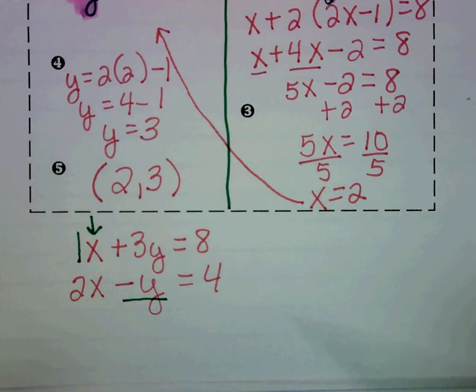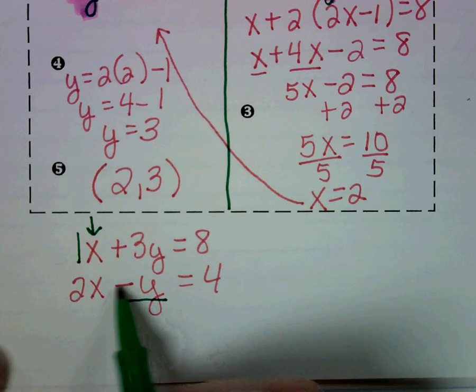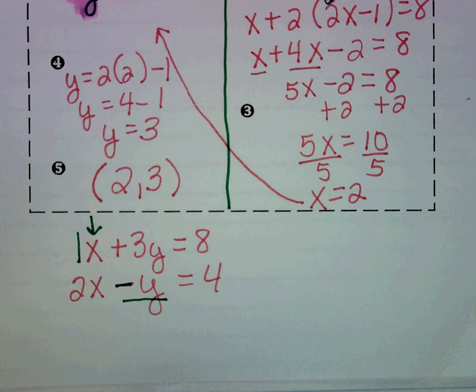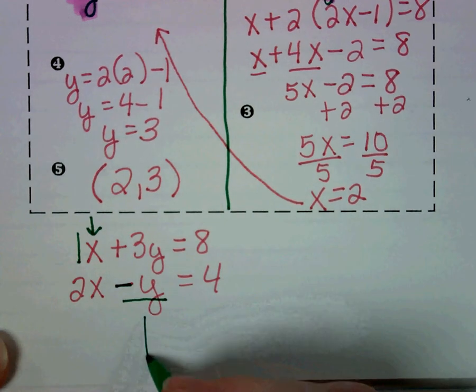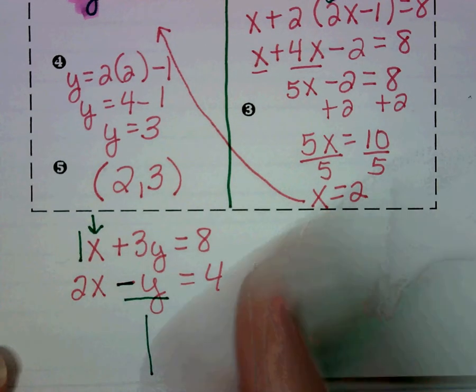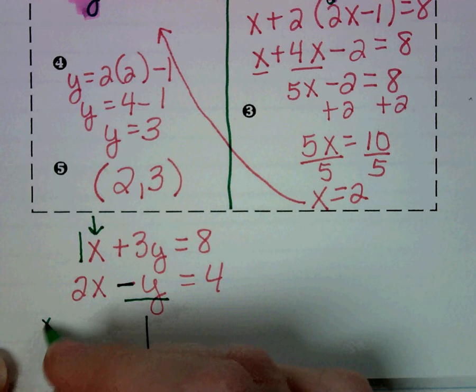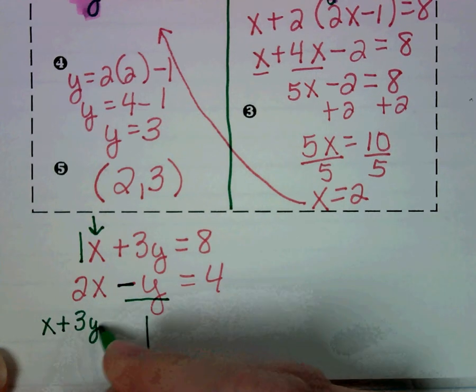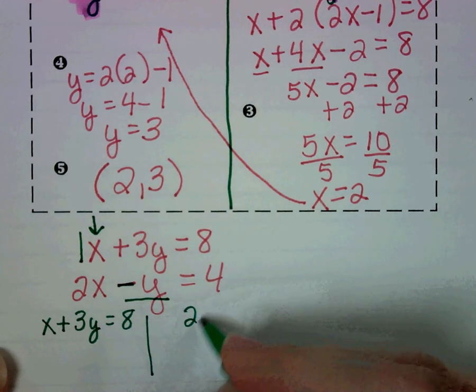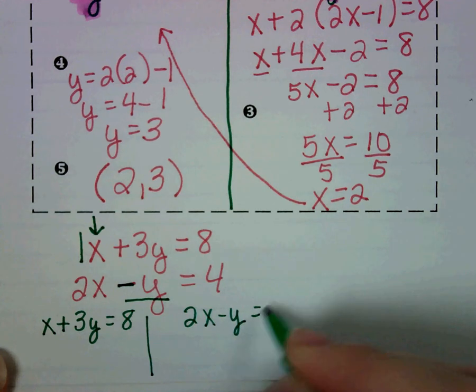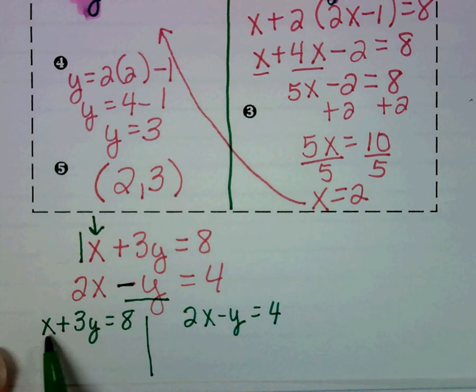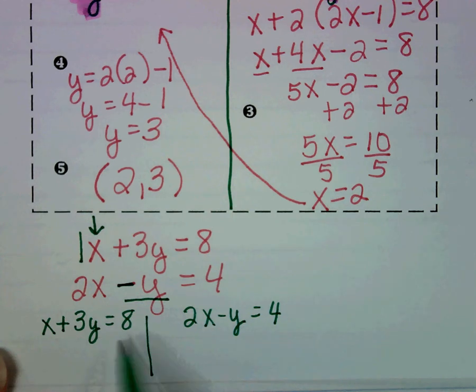Now, this y wouldn't be too bad to do, so we could still solve for that y, but it does have a minus sign in front of it. That might make it a tiny bit trickier. So if I were going to use the substitution method on this system, I would write my equations side by side. We'll do just a little bit of it. Okay. I would take this equation and I would solve for x this time.